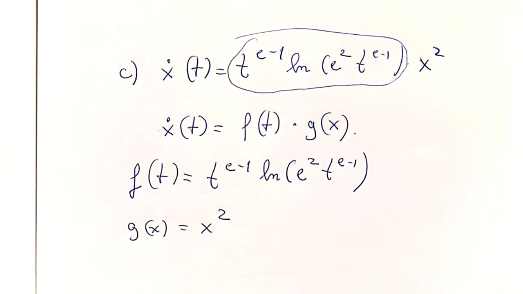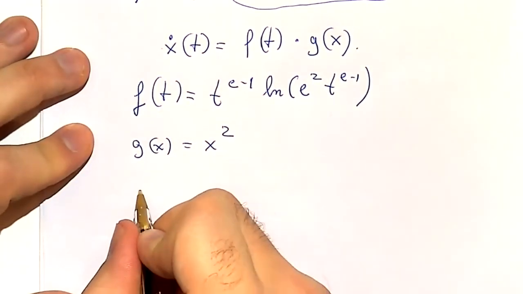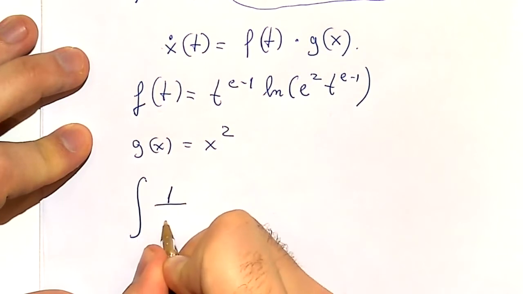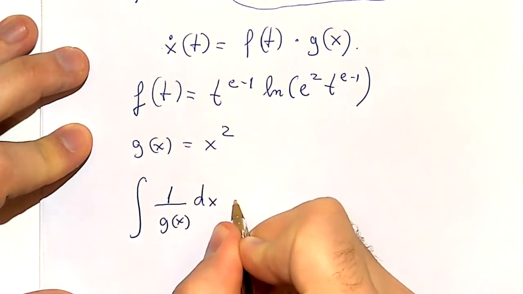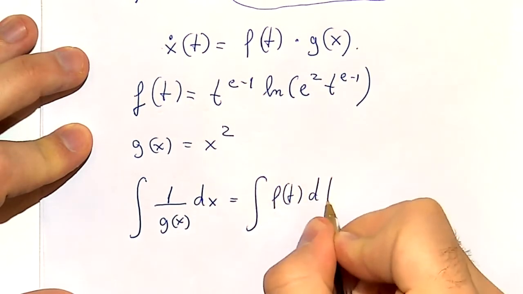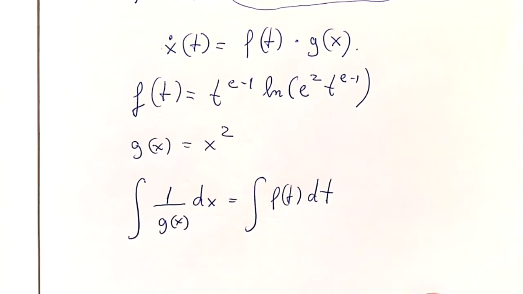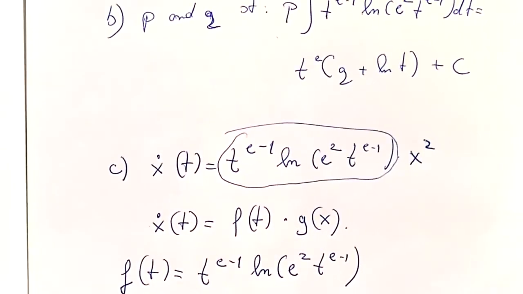Now, either you use the formula automatically, which is the integral of 1 over g(x) dx is equal to the integral of f(t) dt. You either use this, or again, you move everything with x on the other side, etc. I'm going to just use this for now. Unless you guys want me to move it, it's one intermediate step where I just move the x squared on the other side.